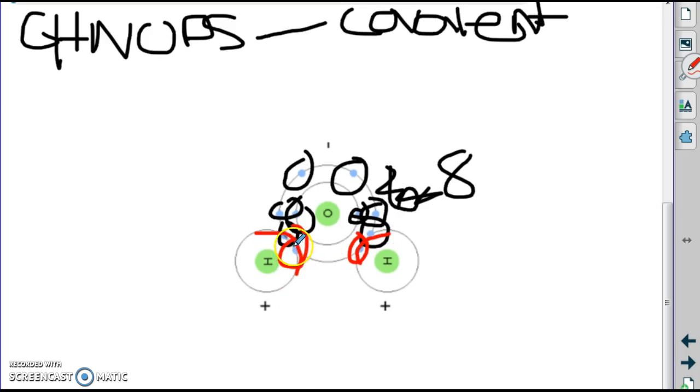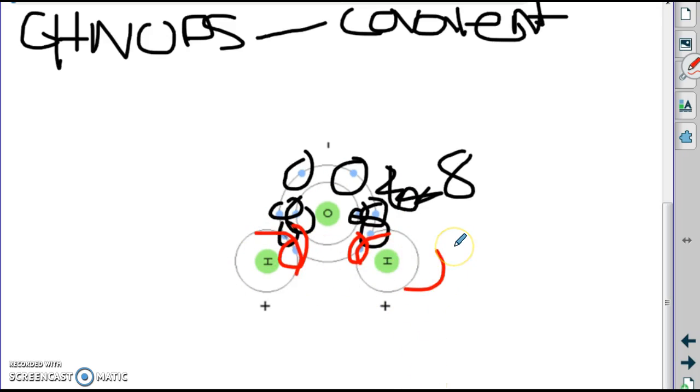Remember they don't really float around in these orbitals, they're all over the place, right? Zoom, zoom, zoom. So sometimes the electrons are over here filling up the 8 that makes oxygen happy, and sometimes oxygen lets them go and they're flying around over here. And so they're sharing them.